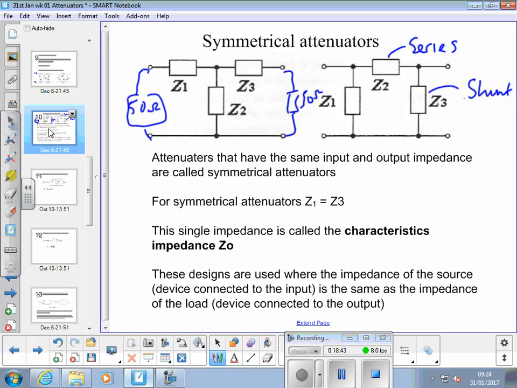Okay. The other type, you had a source that had an impedance of 100. The problem with that type of design is you have what's called a minimum design.